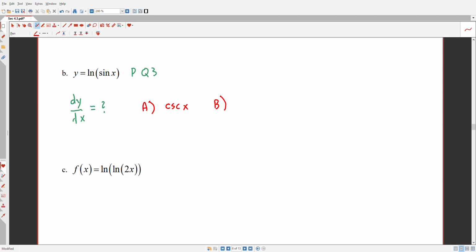What's a bad wrong answer I can make up here? Cosine of x, is it C, cotangent x, is it D, tangent x?